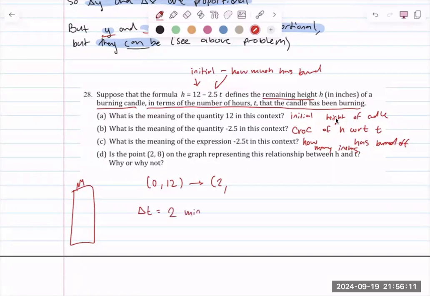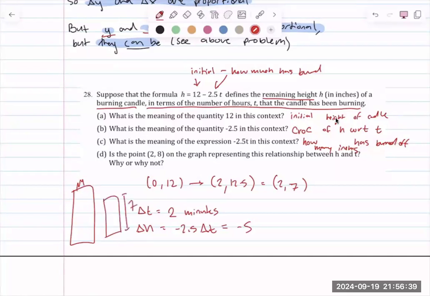So our change in h is just going to be negative 2.5 times our change in t, right? Or in other words, 5 inches have burned off. So 12 minus 5, this is equal to 2, 7. That's not a point on our graph, right? Because after 2 hours, our candle is actually, let me draw this a little bit better. After 2 hours, our candle is 7 inches tall now.